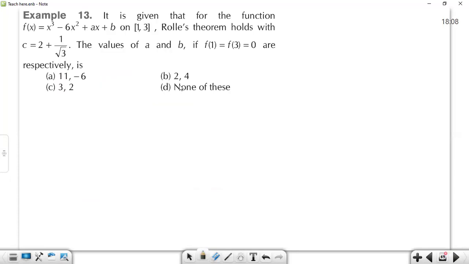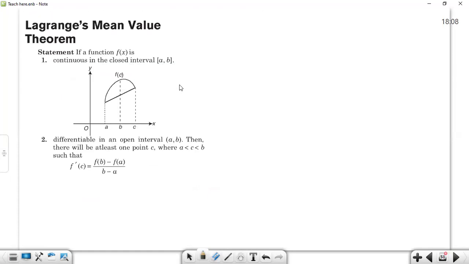Great. So let's discuss this example later. First, let's discuss Lagrange's mean value theorem. Its statement says that if a function is continuous in the closed interval a b, again, there's a misprint.